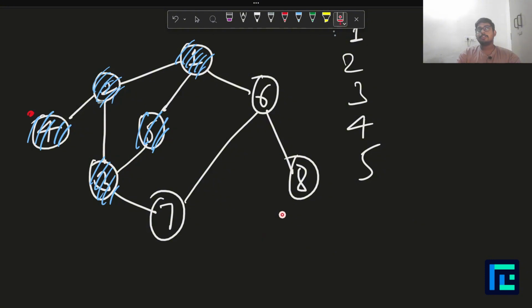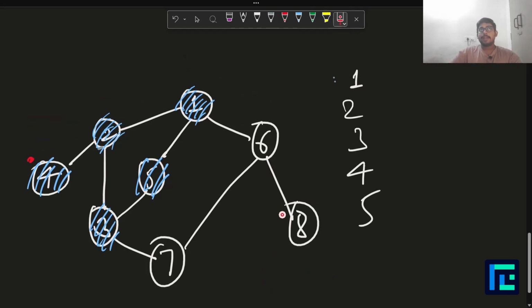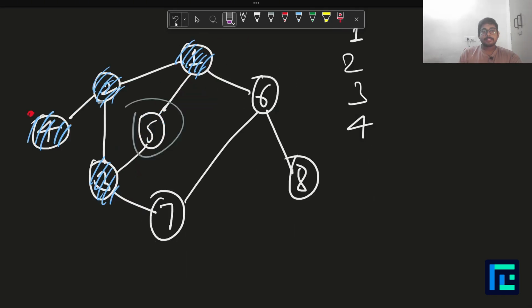But in order to do it optimally, you can maintain that through a priority queue. In a priority queue, you can keep hold of all those options which are currently available to be picked next.